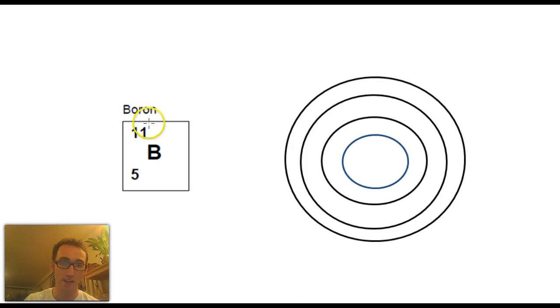So right here is the atomic mass, and right here is the atomic number. Remember, the atomic number is equal to the number of protons, so we're going to write that here. So we'll put 5p in the middle, and this inner circle is representing the nucleus of the atom.